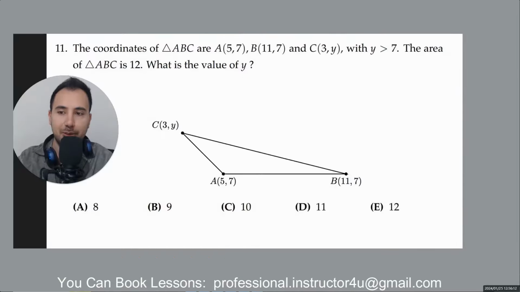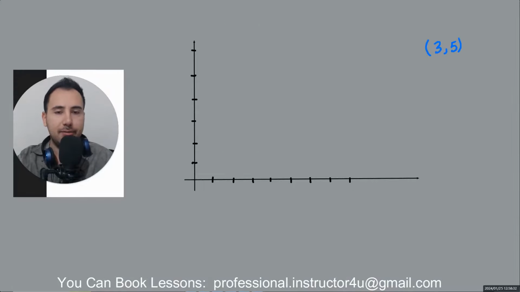Before we actually try to do the question, let's review a few points and then we come back and deal with it. Okay, now let's find 3 and 5 on the coordinate plane. We know that the first number appearing here is the x value and the second one is the y value. And we know this one is the x-axis, this one is the y-axis.